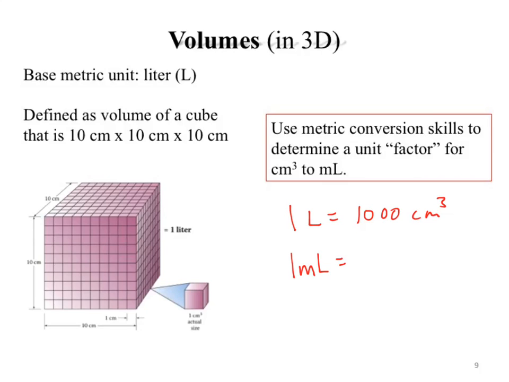I want to know how many centimeters cubed 1 milliliter equals. Okay, so what we would have to do is do all of our conversions. What's our conversion between liters and milliliters? 10 to the negative 3. 10 to the negative 3, which happens to be the opposite of 1,000. So what's 1,000 divided by 1,000? 1 milliliter is 1 centimeter cubed.